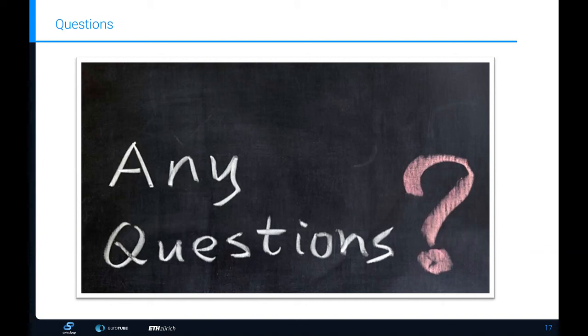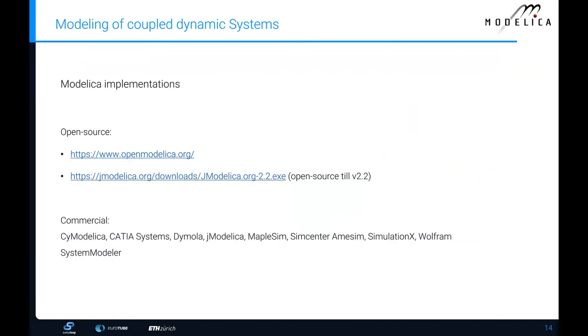Mm-hmm. Then the next question is, why did you choose Modelica? What are the alternatives? In principle, you can use every programming language you know to make this kind of model. But I chose Modelica for the specific points I had in my slides.